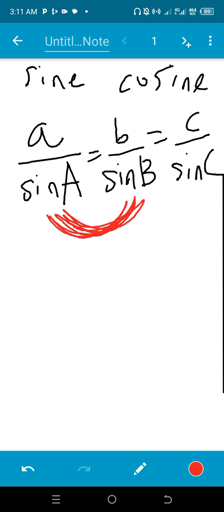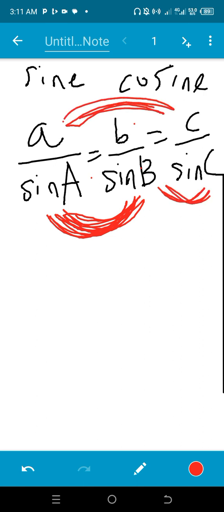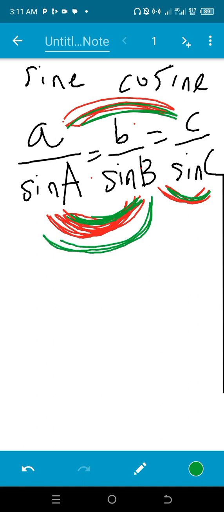So a goes with c, a goes with b, then b goes with c, and b is moving with a again. I think you understand.